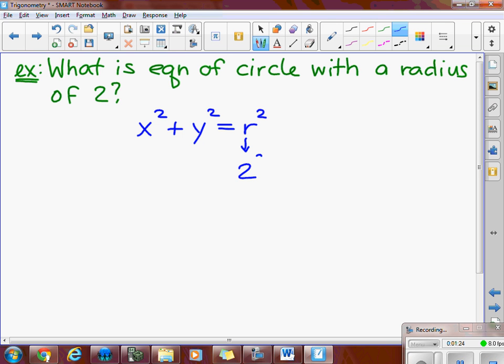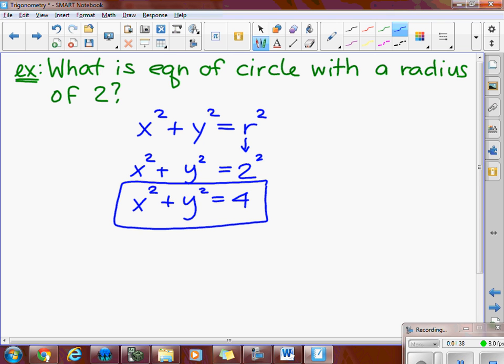So that's 2, but it's squared, x squared plus y squared. So the equation to this circle is simply x squared plus y squared equals 4. That's it. So any point x or y that would make this equation true would be on that circle.